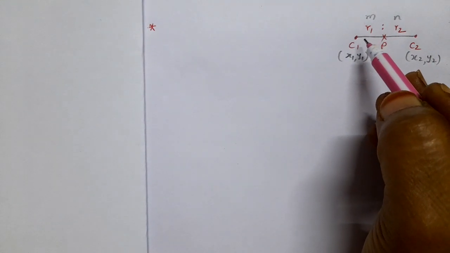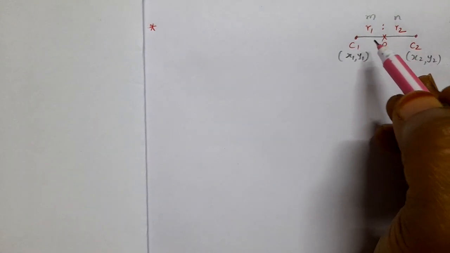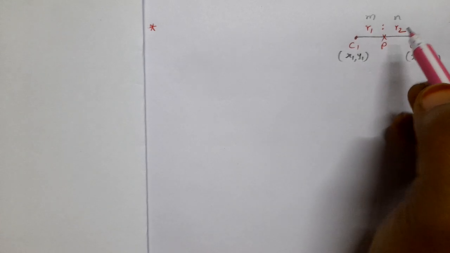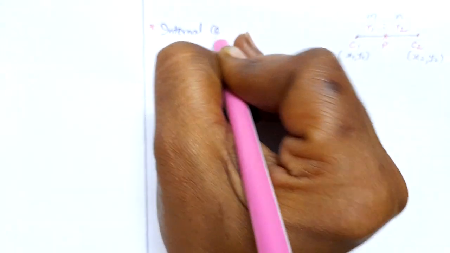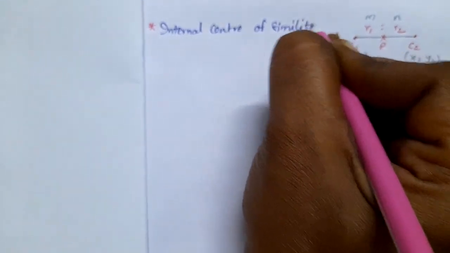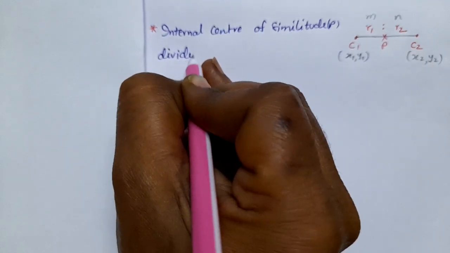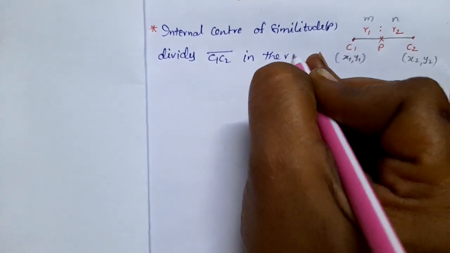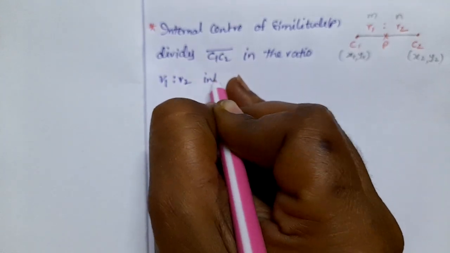If we take only the C1 C2 line, then P divides the C1 C2 line in the ratio R1 is to R2 internally. The internal center of similitude P divides C1 C2 bar in the ratio R1 is to R2 internally.